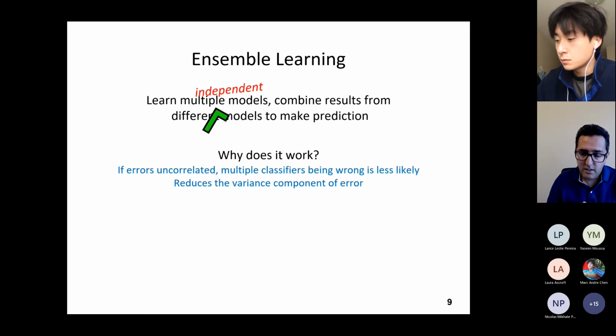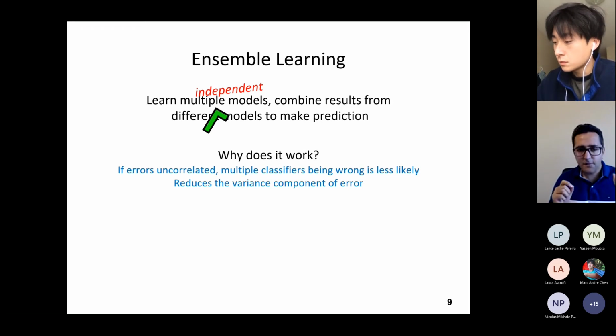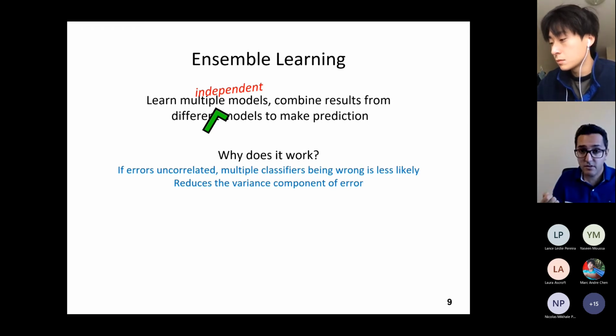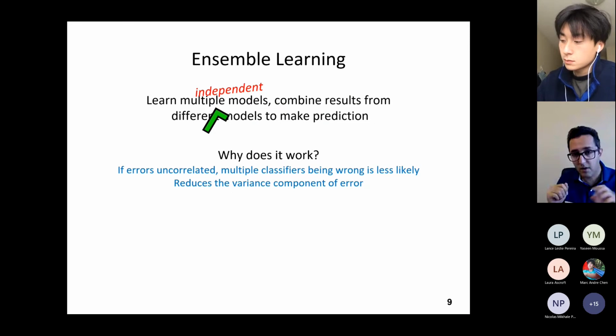Why does it work? The idea behind it is that if we have some errors, it is unlikely that all of these models suffer from that error at the same time, because they're independent. So if one or a few of them make a mistake, it's unlikely that the rest of them also make mistakes.